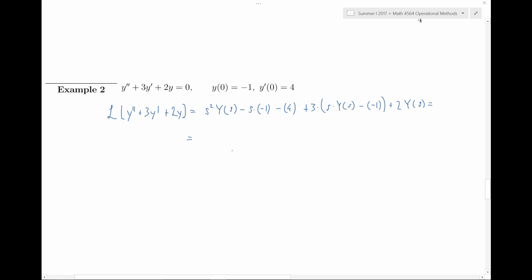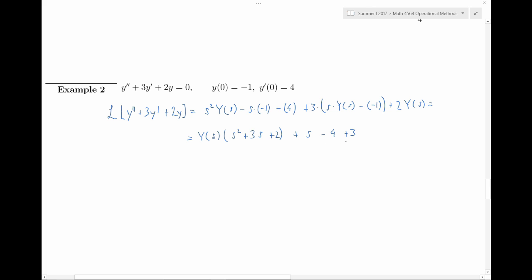This can be simplified into Y of s multiplied by s squared plus 3s plus 2, and the values that we subtract are plus s minus 4 plus 3.